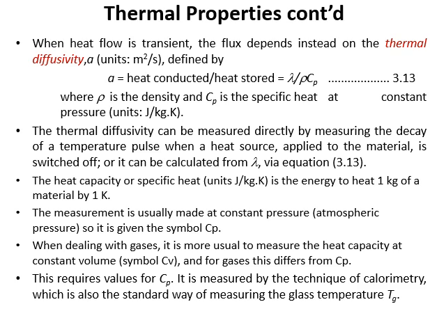When dealing with gases, it is more usual to measure the heat capacity at constant volume, so you use the unit Cv. It is measured by the technique of calorimetry, which is also the standard way of measuring the glass temperature Tg.